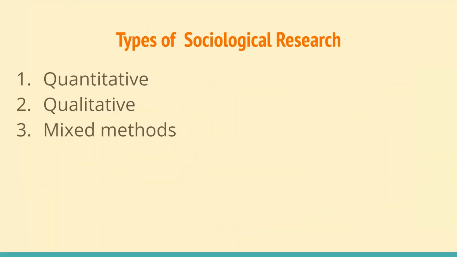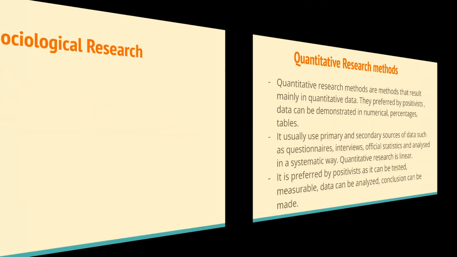Now here we are looking at the types of sociological research. There are three main types of sociological research: quantitative, qualitative, and mixed methods. And we're going to be looking at each of these individually.